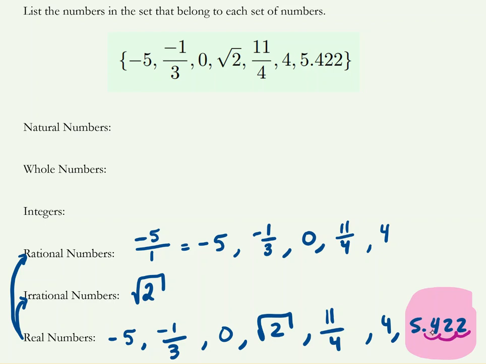So the decimal 5.422 could be expressed as the fraction 5,422, all divided by 1,000. And the reason we knew to divide by 1,000 is since we had to move the decimal place over 3 times to express this as an integer, we would have to divide it by 10 to the third, or 1,000. We've split up our real numbers then into the rational and irrational.